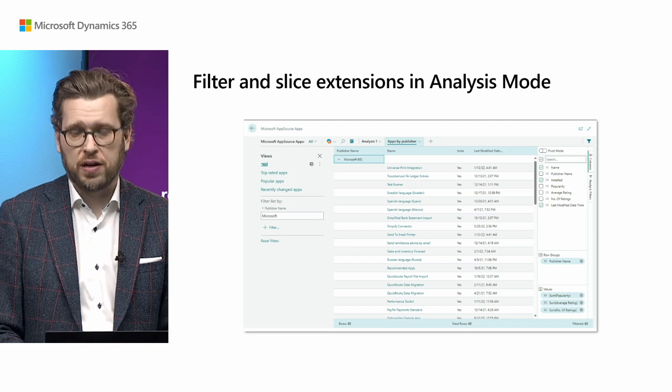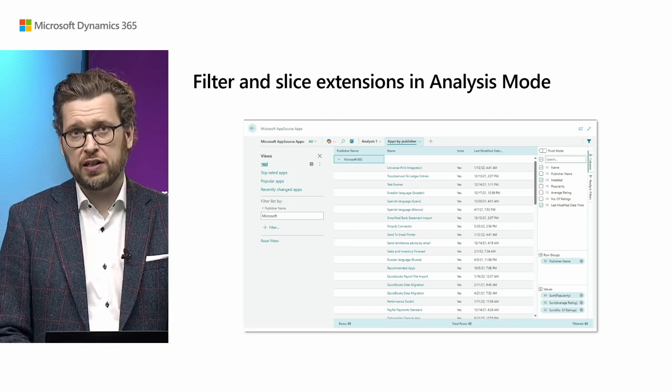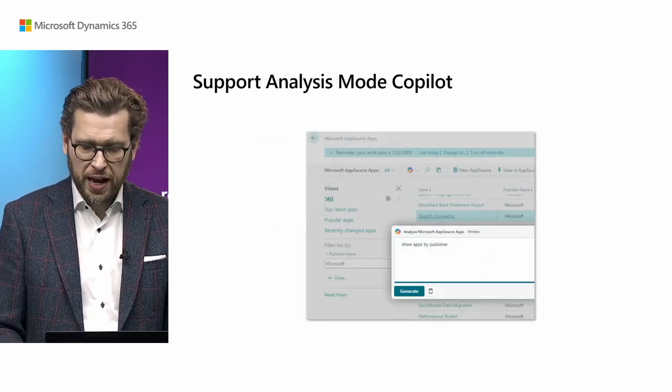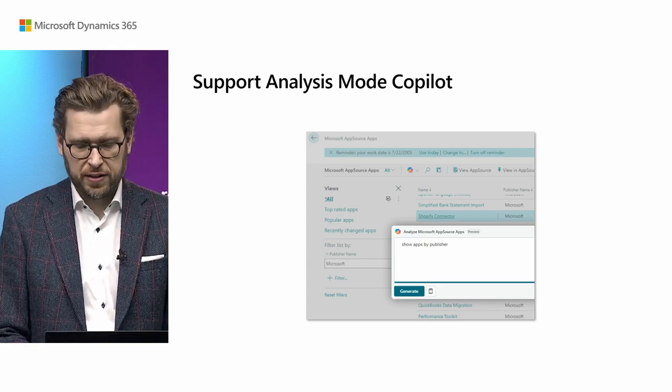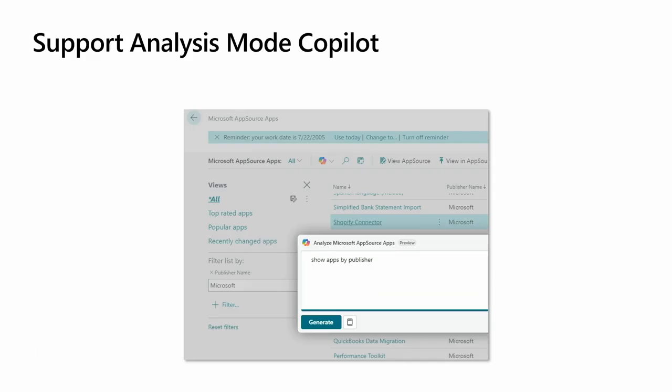And yes, I showed how you can filter and slice extensions in the analysis mode. You can actually even use the new Copilot experience for the analysis mode to just ask in natural language to help with how you want to view your extensions in the analysis mode. Maybe not the most advanced scenario, but it is supported.